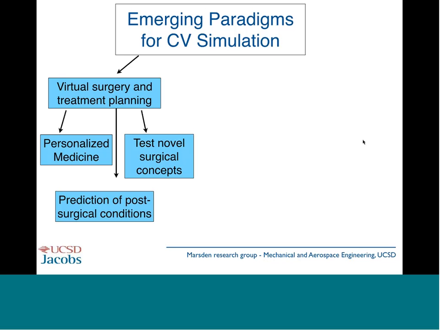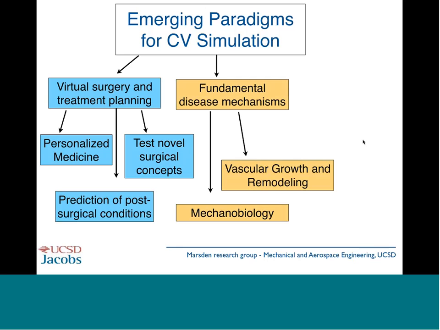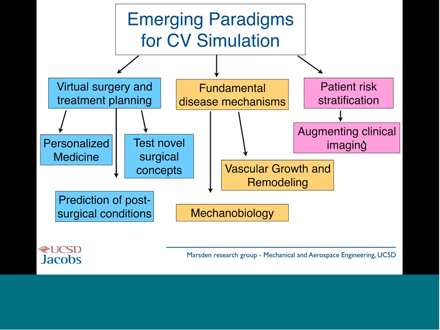But in addition to that, just to give sort of a bigger picture view, I think simulations are also emerging as a way to examine fundamental disease mechanisms, including vascular growth and remodeling, and also mechanobiology and what is their interplay with hemodynamics and mechanics. How can we incorporate these things into simulations to make better predictions and more relevant predictions to the clinic?